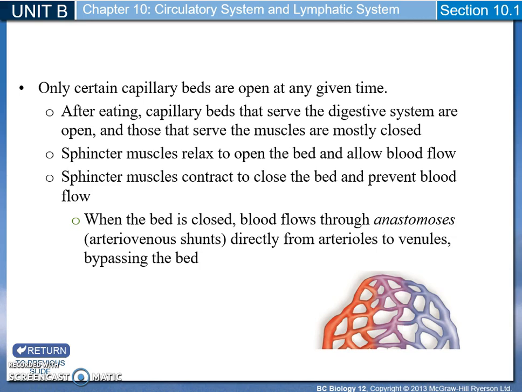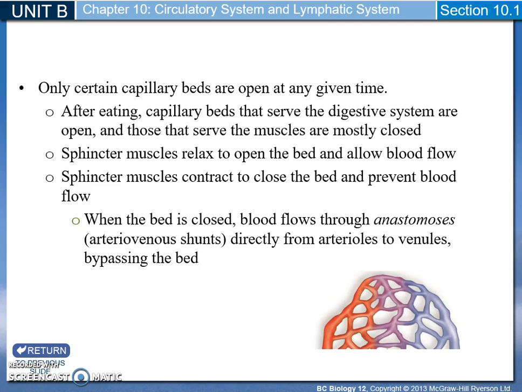So when the bed is closed, blood flows through what are referred to as anastomoses, and these are arteriovenous shunts, and they connect directly from arterioles to venules, thereby bypassing the capillary beds.